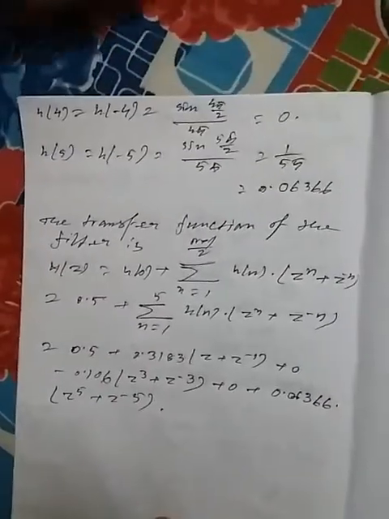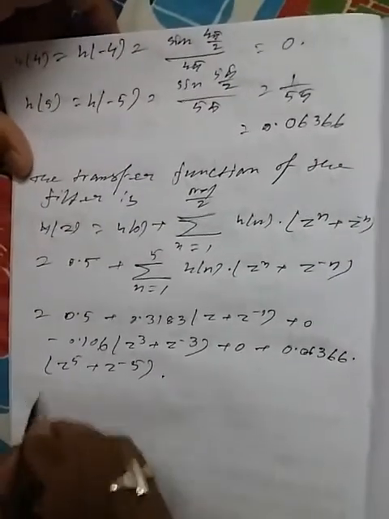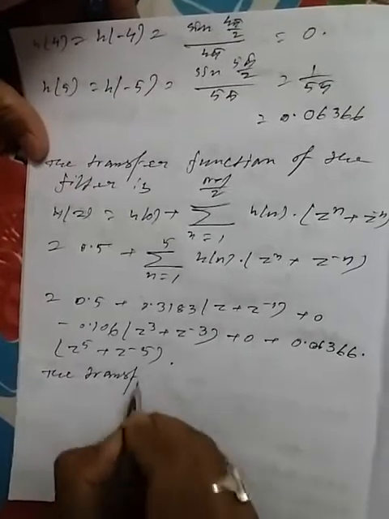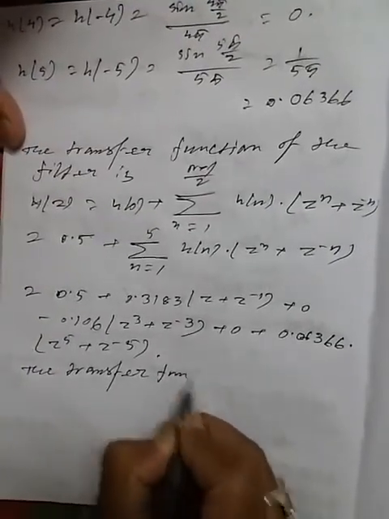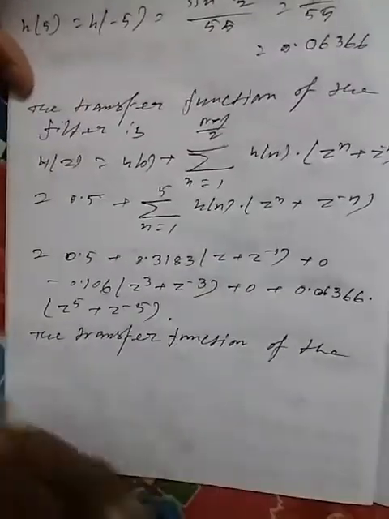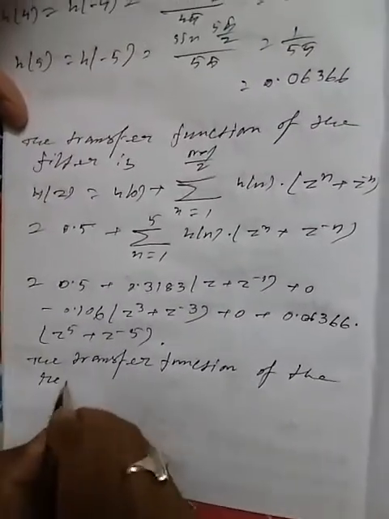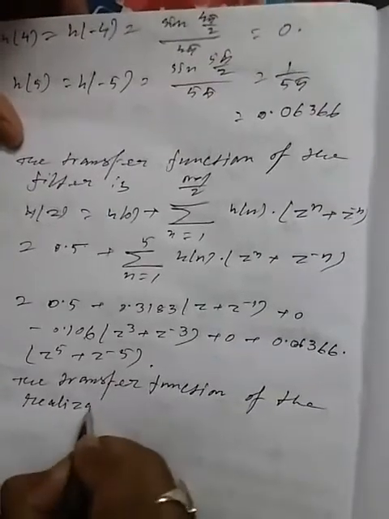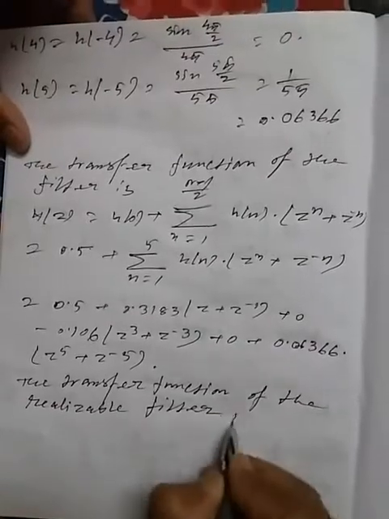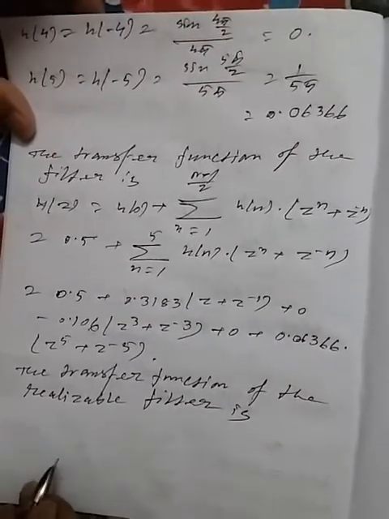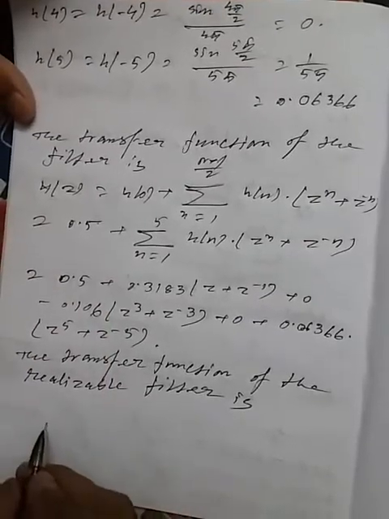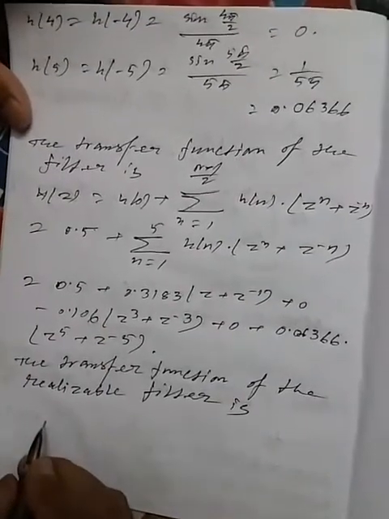Now the transfer function of the realizable filter can be obtained by multiplying H(z) with z to the power minus (N minus 1) by 2.